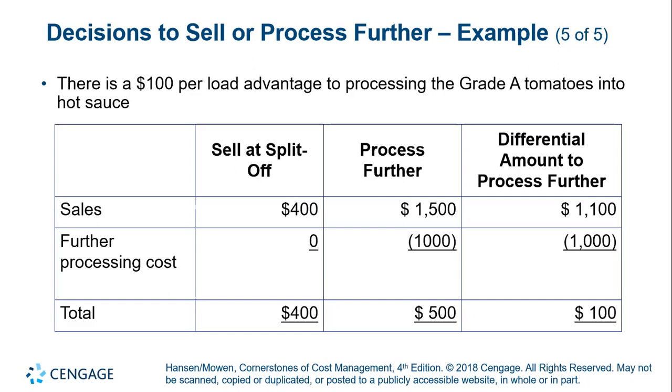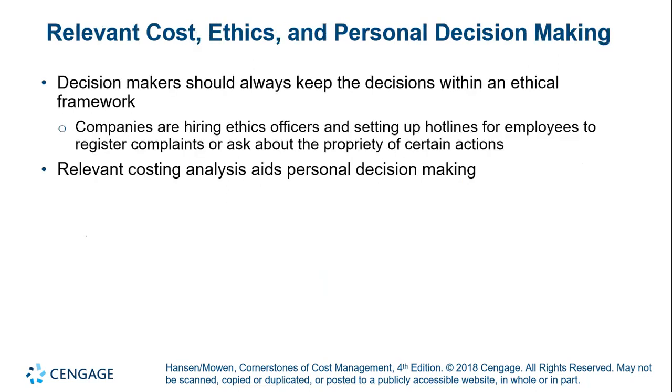If you are going to process further, you have to spend 1,000 more. And that's the cost difference. So if you sell at the split off point, you have the total markup of 400. That's your profit. And if you process further, you'll have 500. So there is a profit difference of 100.